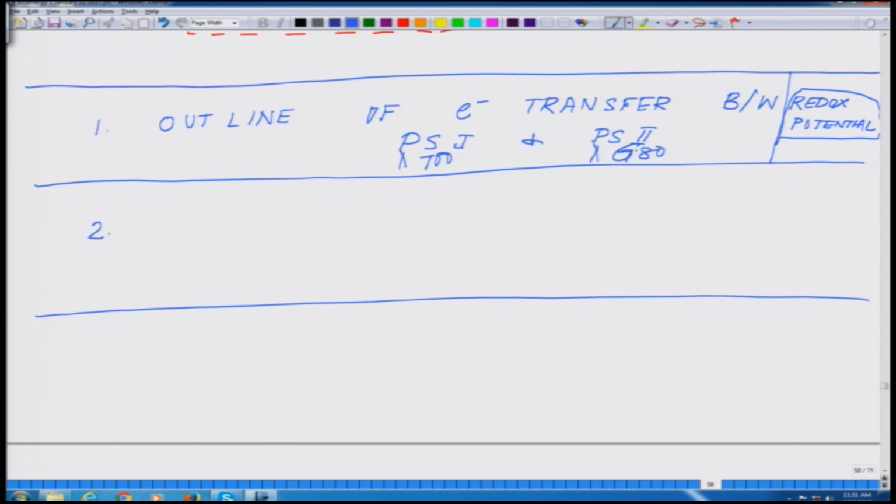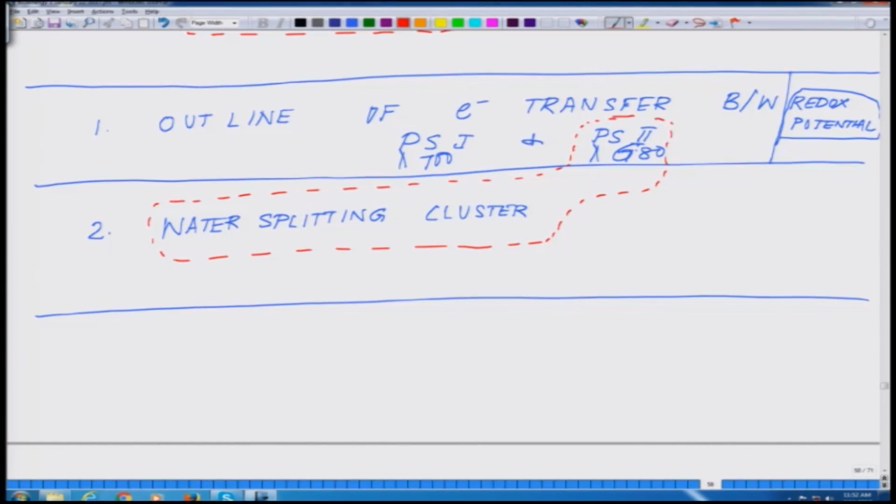Second, we will talk about the water splitting cluster involved out here underneath photosystem 2 at 680.